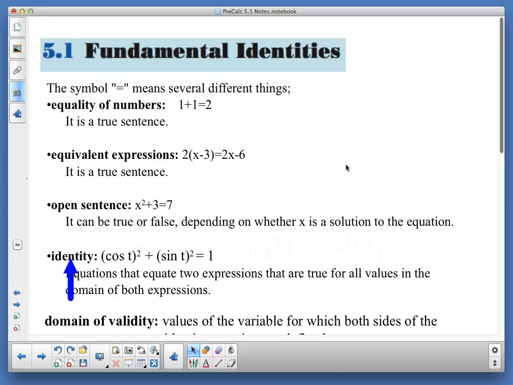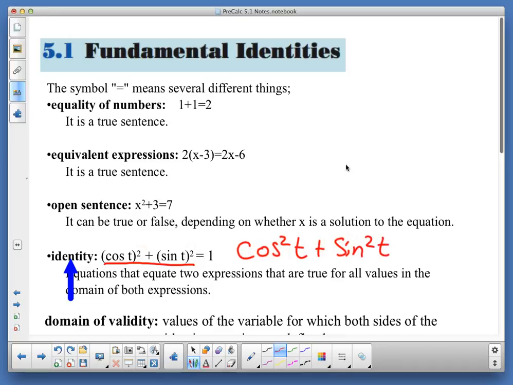Now, a couple things about this. This is the way you see things. This is called one of the Pythagorean identities, but we have seen this written this way. And since it's t, I'm going to write it like this. Notice how it's rewritten shorthand. These are equivalent identities. Okay.